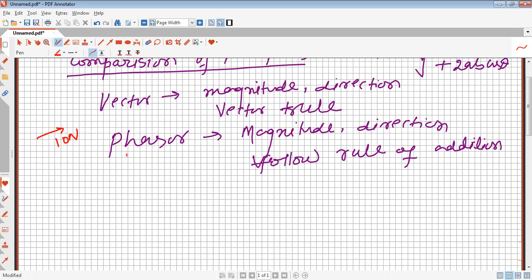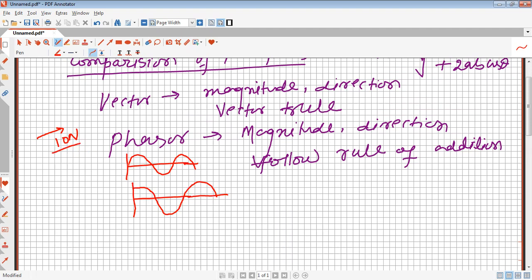But in a phasor, suppose it is a sine function or a cosine function. Maybe this is a sine function. If it is a cosine function, then it will start like this, and its magnitude changes with time. Here its magnitude does not change with time. If it is 10 Newton, it will stay 10 Newton.